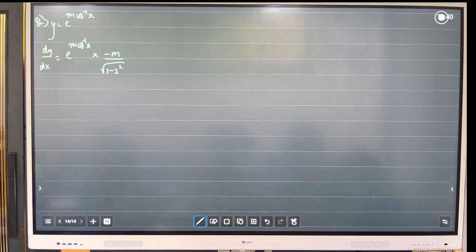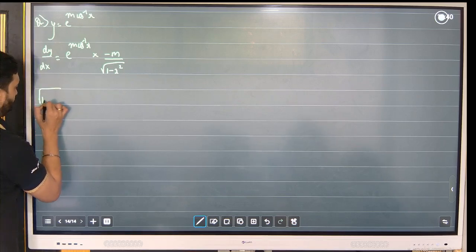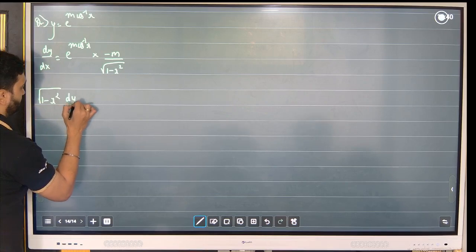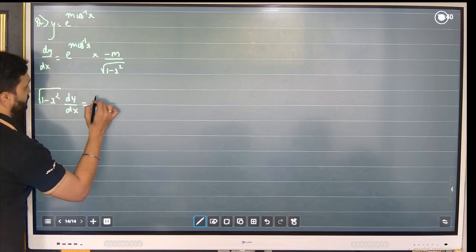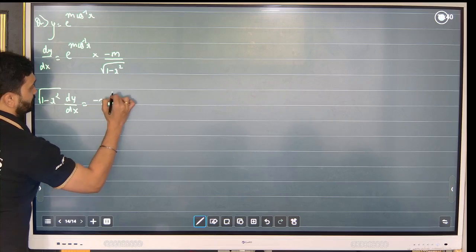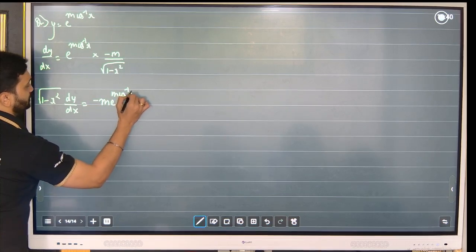I'll take the denominator on the left hand side. So under root of 1 minus x square dy by dx is equal to minus m e raised to m cos inverse x. Okay. Now I'll do u into v.